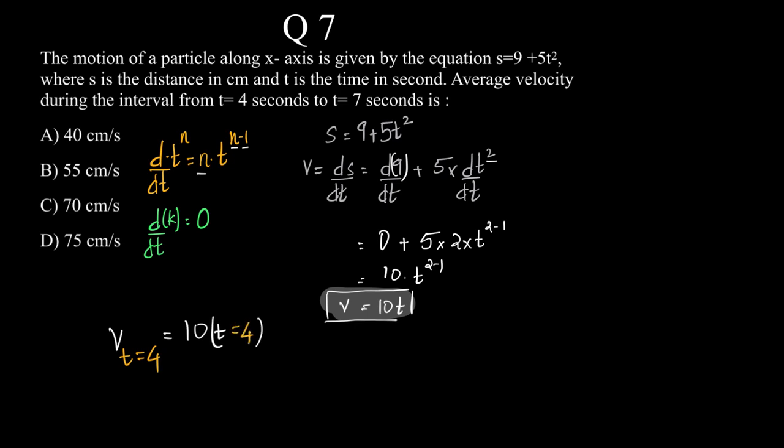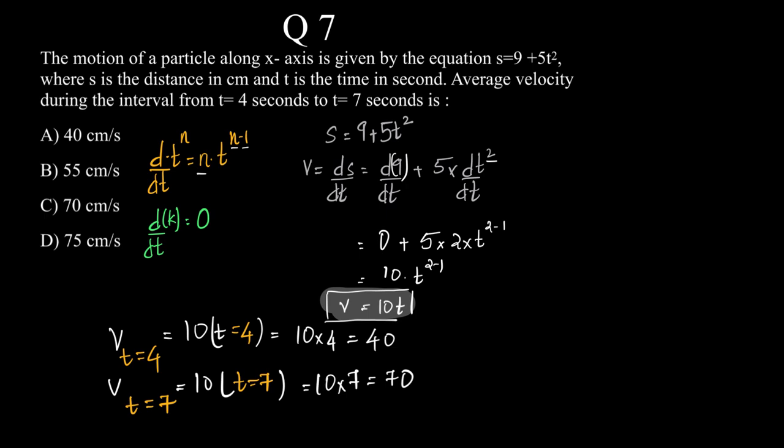And what is velocity at t equals 7? Velocity at t equals 7 is equal to 10 into t with t equals 7. Now t equals 4 implies 10 into 4, which is equal to 40. And t equals 7 implies 10 into 7, which is equal to 70.